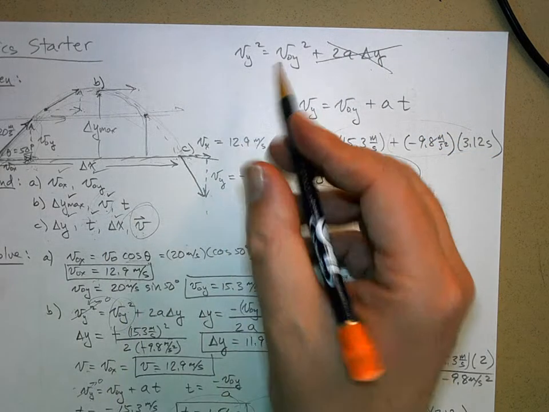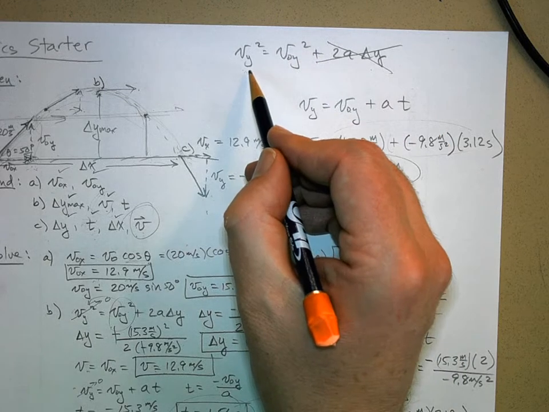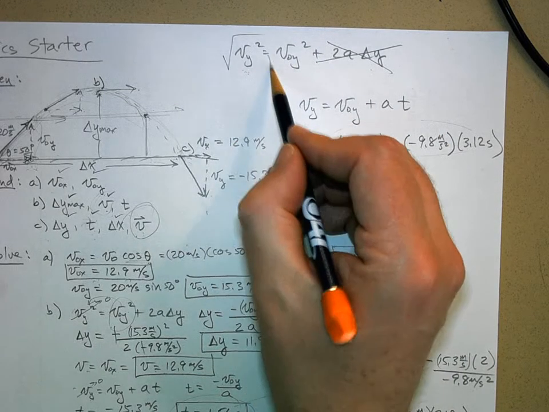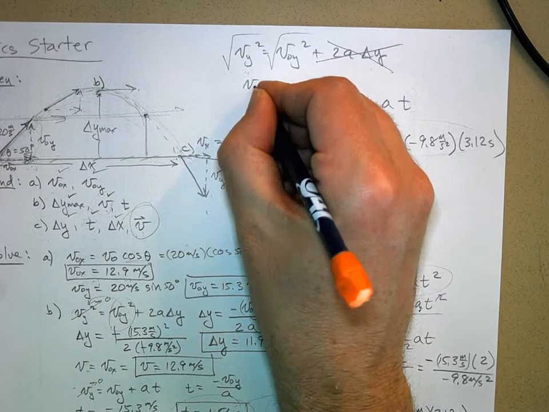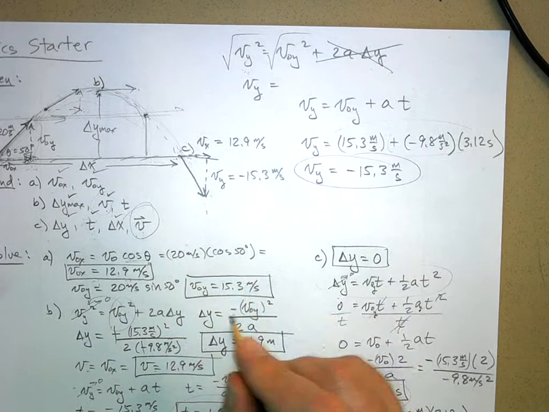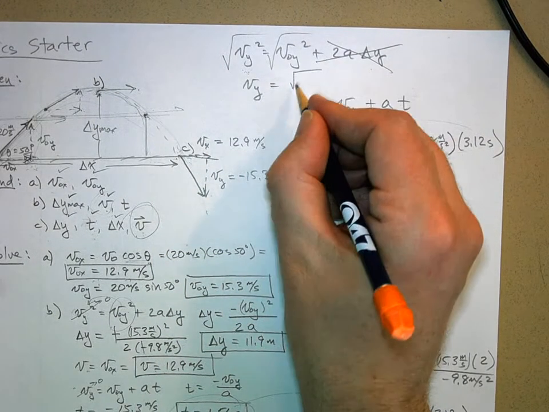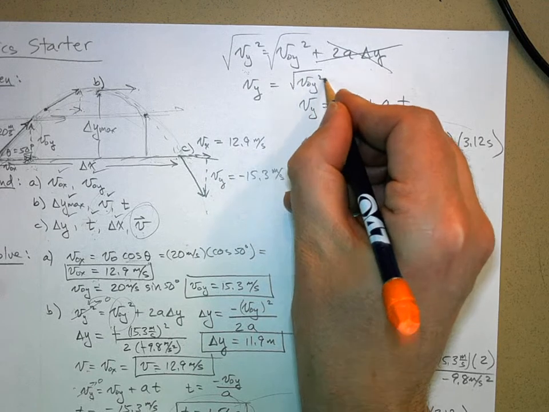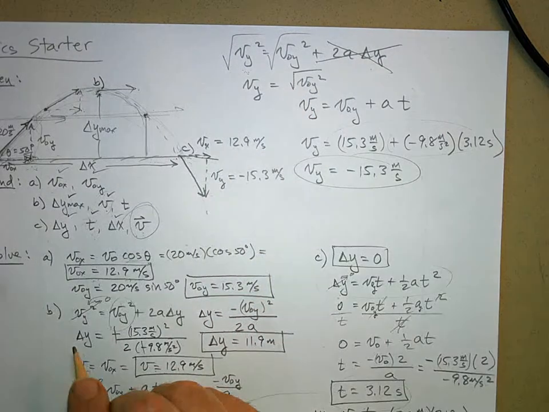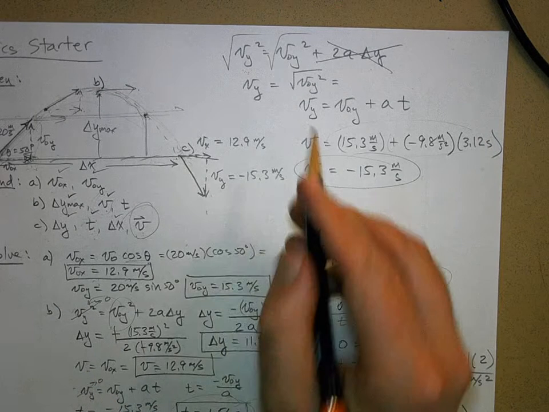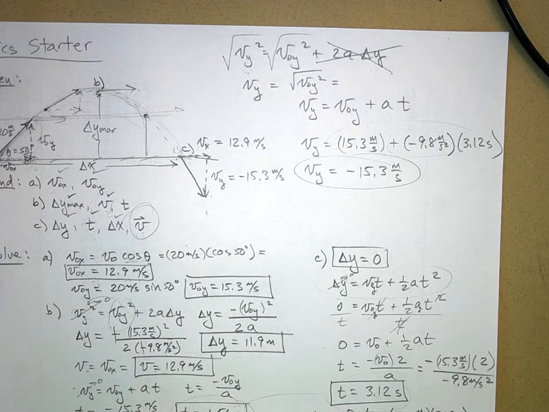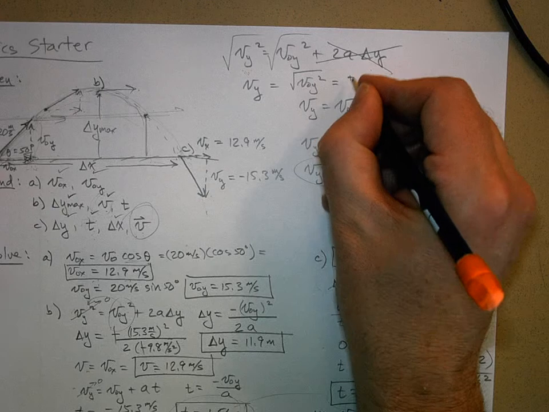I want to solve for the final velocity in the y direction. Take the square root of both sides. What do you get when you take the square root of something squared? You get the plus or minus.